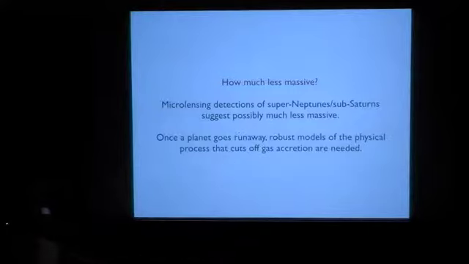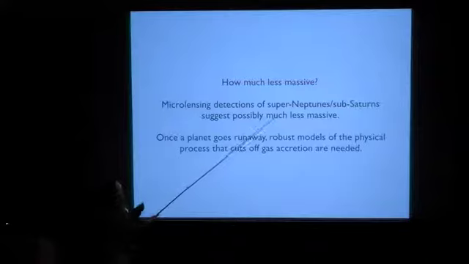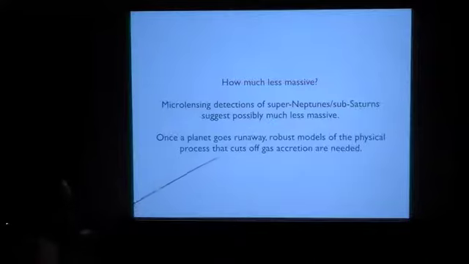That's super weird. Why would they stop at that mass? I don't get it. Okay, if it's true, maybe they're much less massive. Those are definitely supercritical sorts of things. They should have a bunch of gas. From this perspective, I accept those. And again, robust models of the physical processes that cut off that gas accretion are needed.